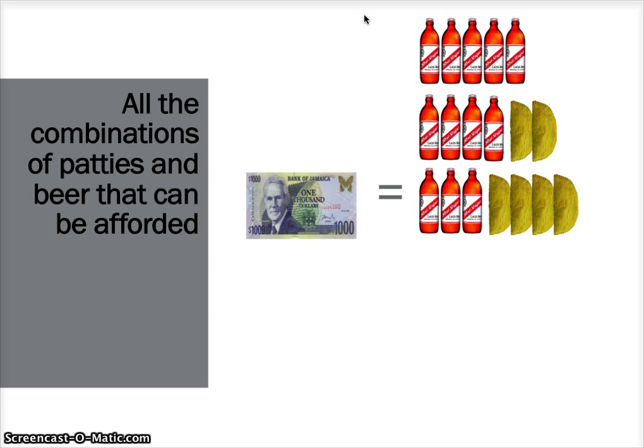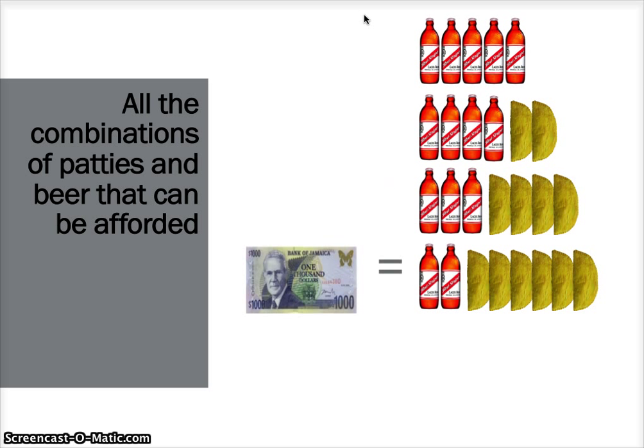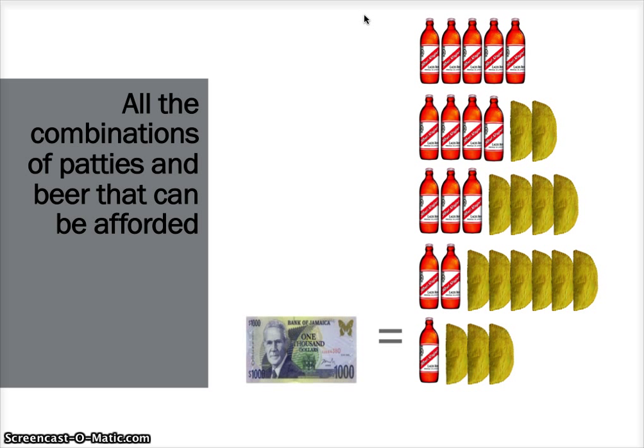We can continue looking at the different combinations of beers and patties that would satisfy the income of $1,000. At each stage, we give up 1 beer to get patties. So the next one will be 1 beer, 8 patties.